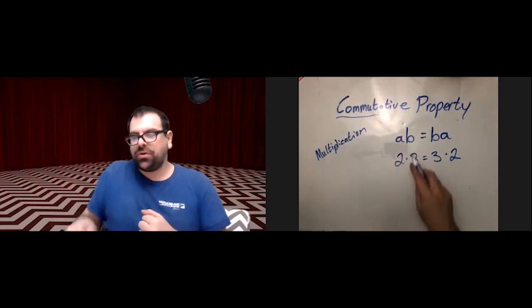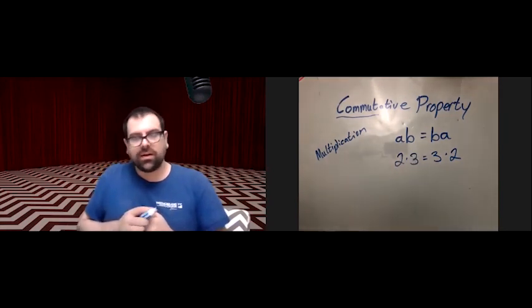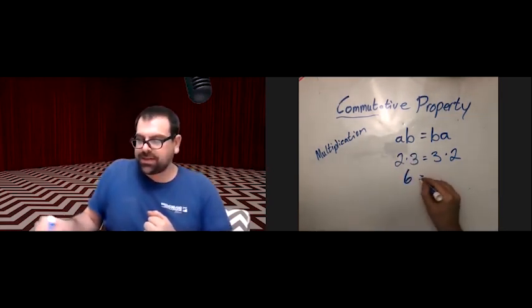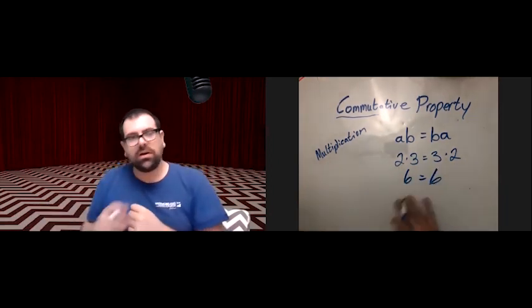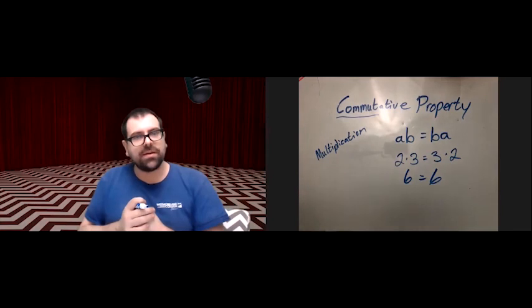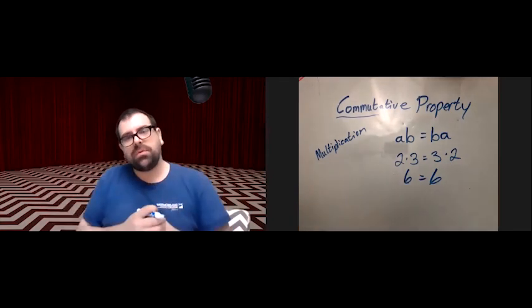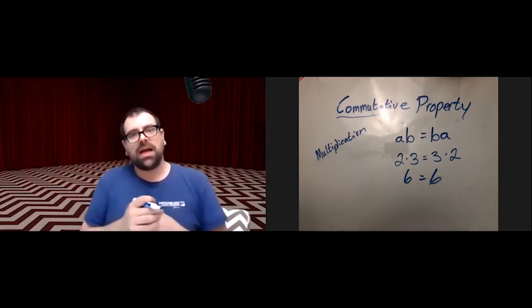If A was 2 and B was 3, 2 times 3 is 6, 3 times 2 is 6. So yeah, multiplying two numbers in any order gives us the same answer. That's what the commutative property is about. It's about saying we can add in any order, we can multiply in any order.